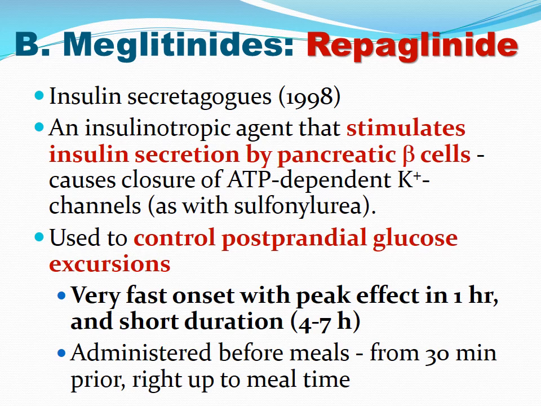Because they have a very fast onset with peak effect in 1 hour and a short duration of action of about 4 to 7 hours, they are administered before meals, about 30 minutes before the meal, right up to mealtime. They can be taken either 30 minutes or any time before the meal.